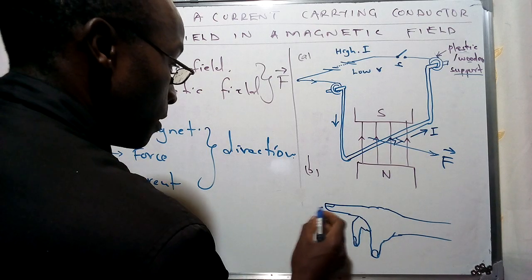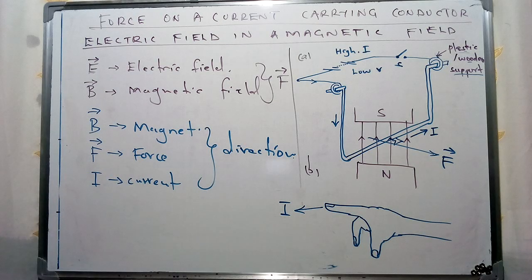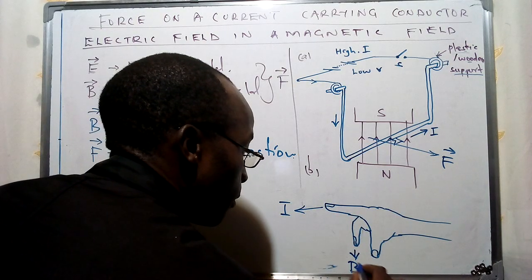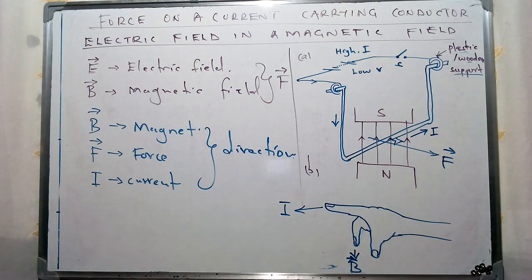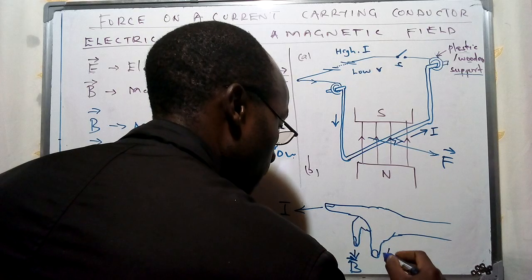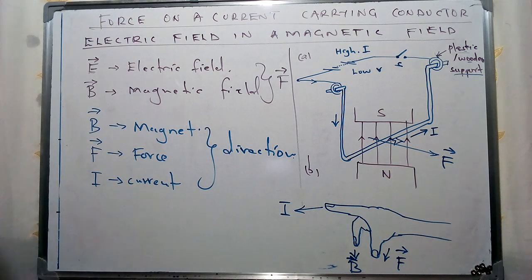Then the second finger points in the direction of the magnetic field. And of course, the thumb, which is pointing in a direction mutually perpendicular to the two, is going to be pointing in the direction of that catapult force given as such.